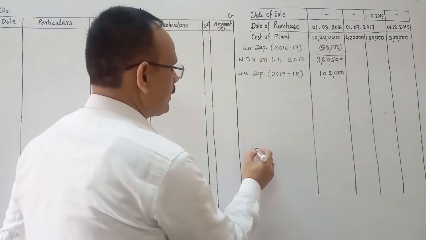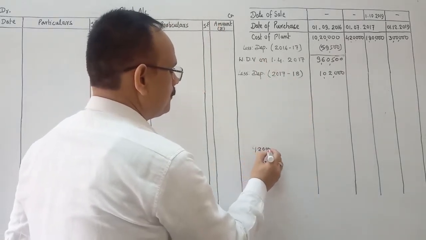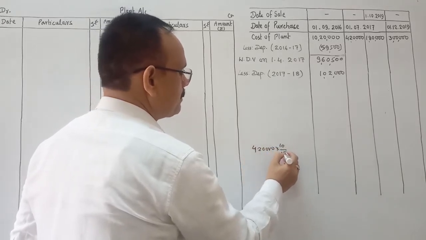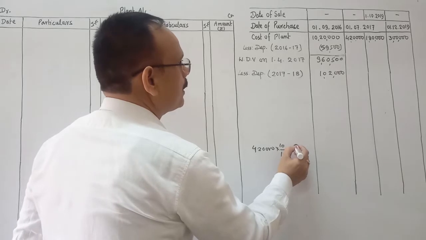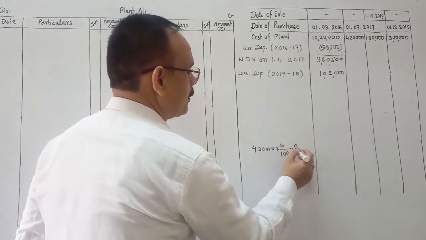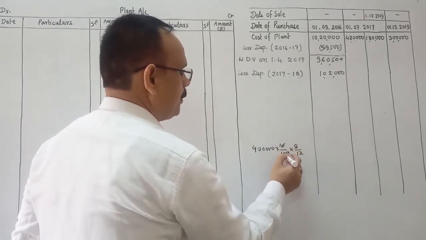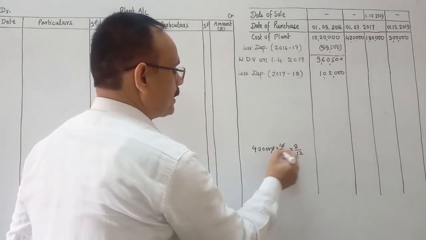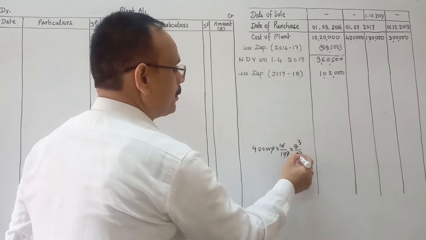So 4,20,000 into rate of depreciation 10% into 9 upon 12, that is 3 upon 4.